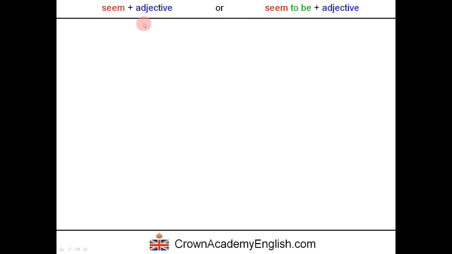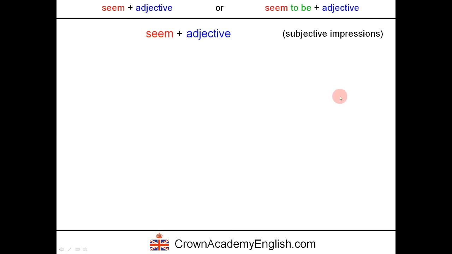And we have in fact two choices of the form when we're using it as a linking verb. We either have seem followed by adjective or seem to be followed by adjective. So let's look at this one first. Seem followed by adjective.